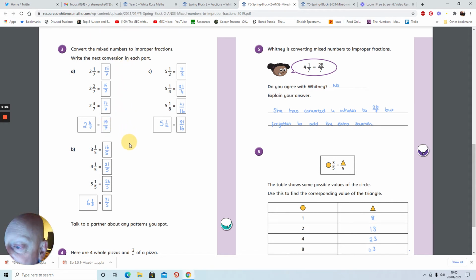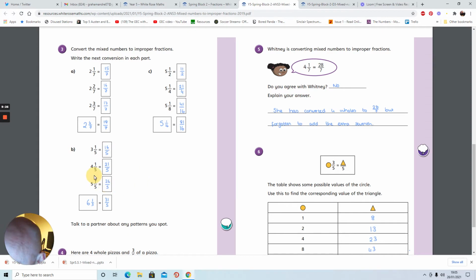Okay, now it gets a little bit trickier, because we've got 3 1/5, 4 1/5, 5 1/5. So we're moving up quite a lot each time. First of all we need to work out what 3 1/5 is. So we can go 3 times 5, 15, add the 1, gives us 16, so it's 16/5.